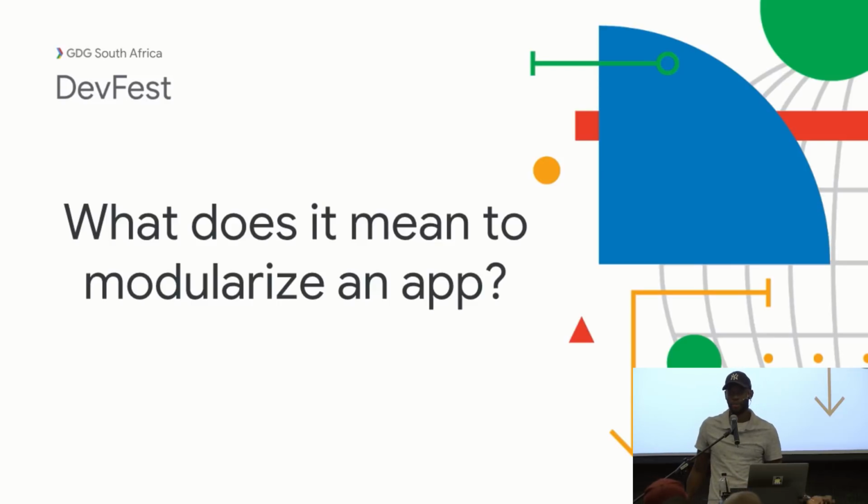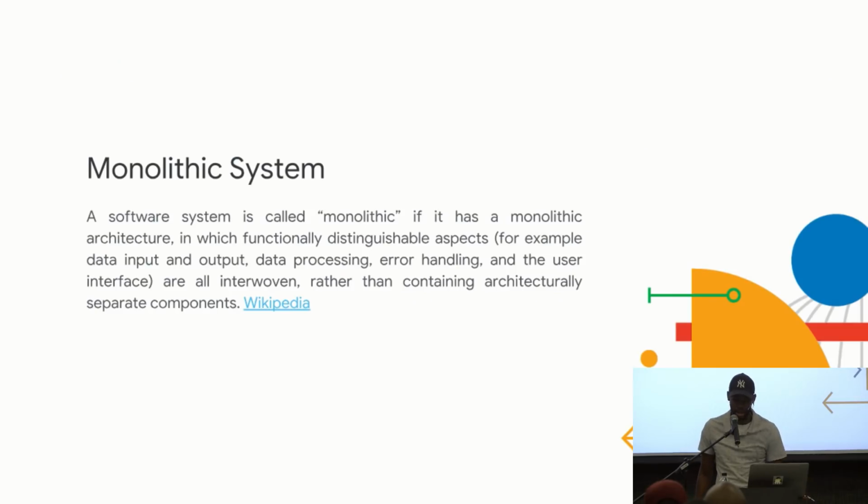In order for you to understand what it is to modularize an app, or how to actually go about doing it, there are certain concepts that you have to understand. The first one is monolithic systems. So let's look at what a monolithic system is. According to Wikipedia, a system that is called monolithic is a system whose functional, distinguishable aspects are contained in a single package, or a single module.